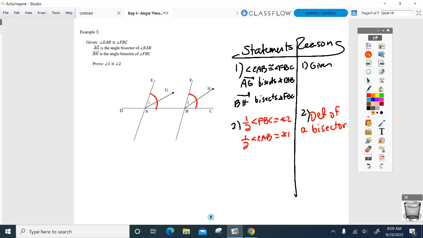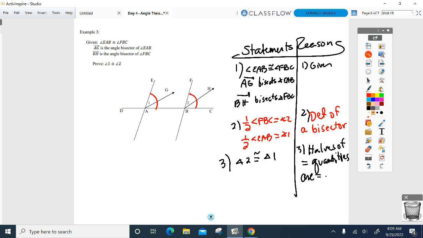And then step 3, now you tell me the halves are equal. All right, nice job. All good?